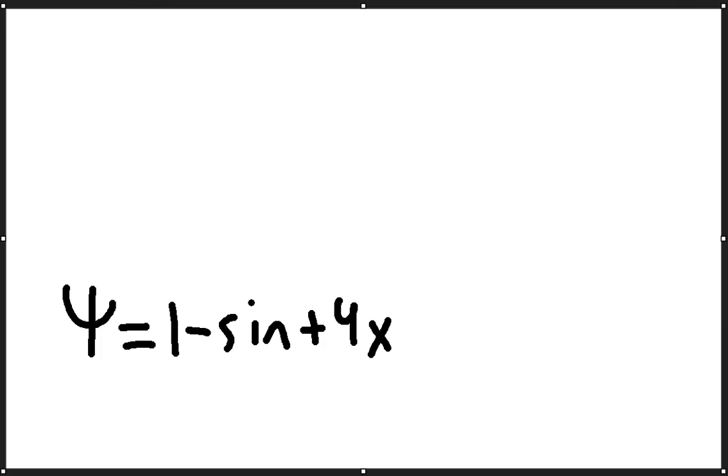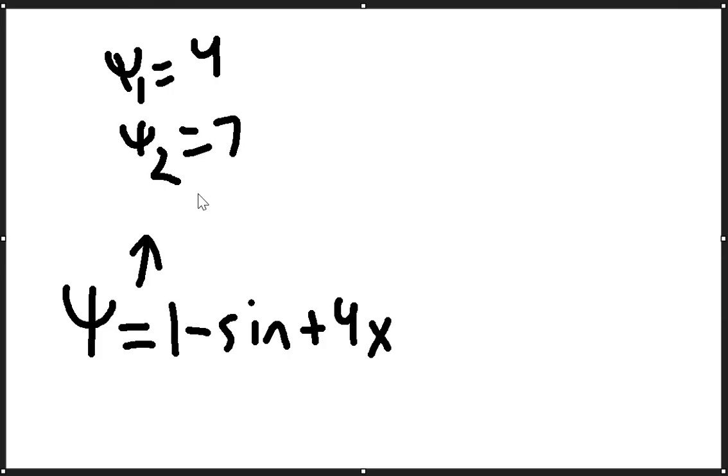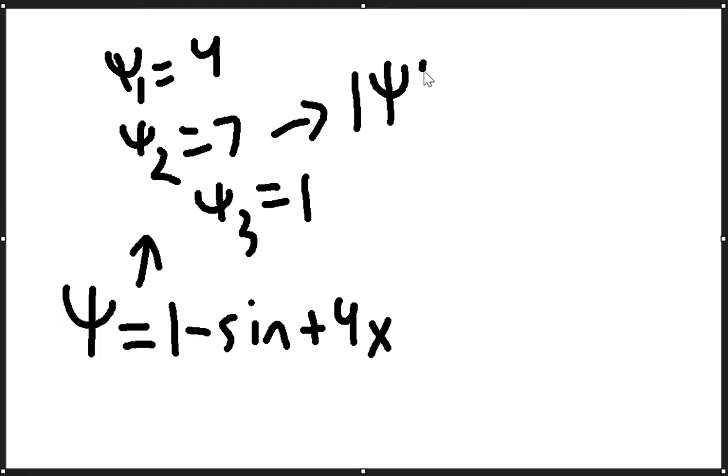But instead of doing that, what if we find out that psi 1 is equal to, let's say, 4, and psi 2 is equal to 7, and psi 3 is equal to 1. But then we can just make it so that psi is equal to 4, 7, 1.